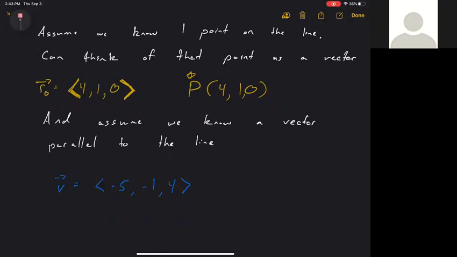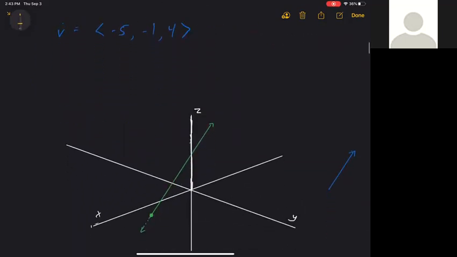And let's also assume we know a vector parallel to our line. The endpoint of this vector is on the line, and this vector is parallel to our line. Let's draw what we're talking about here.